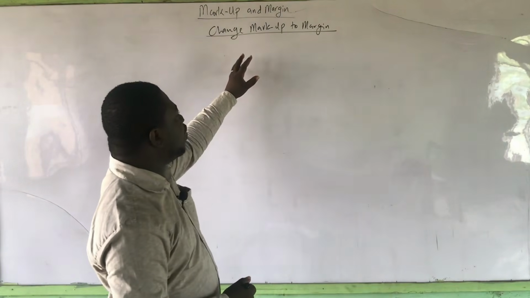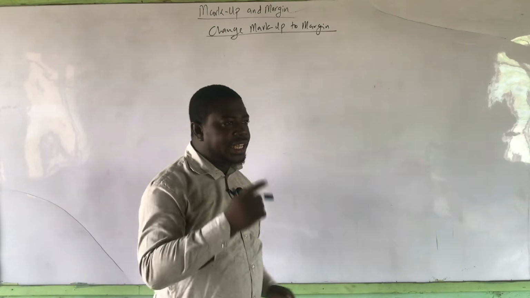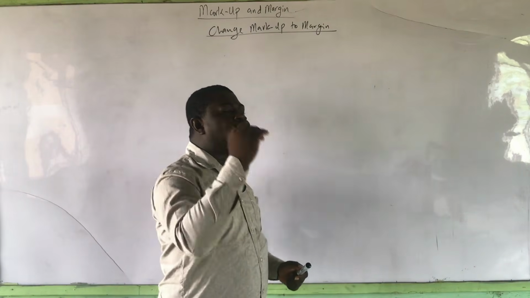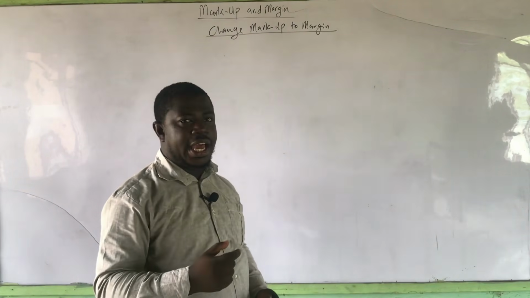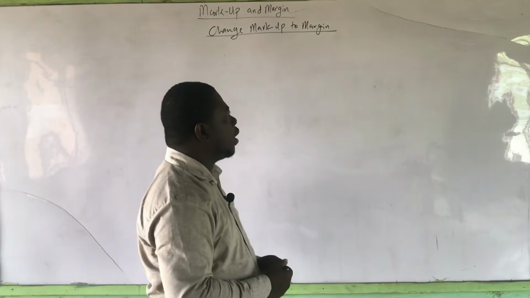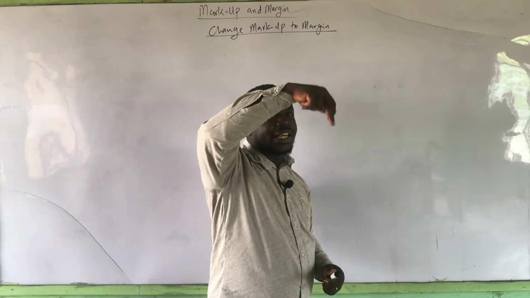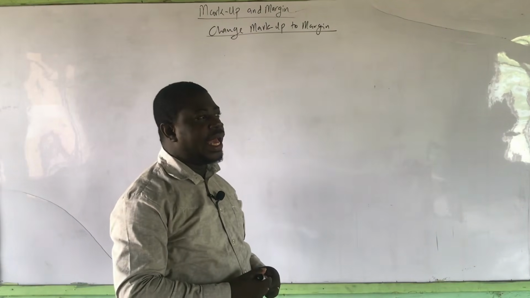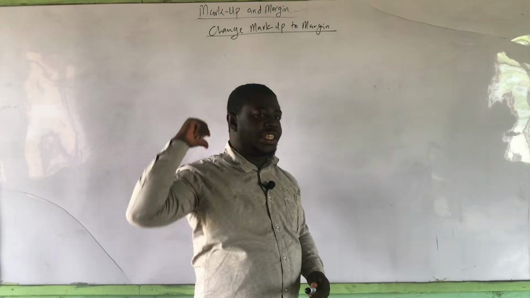And so let's begin with changing of the markup to margin. If you want to change a markup to margin, take note that because you have been given a selling price and you have a markup, there is already a profit percentage on the selling price. Okay, and the profit percentage is the markup percentage that should be calculated on the cost.